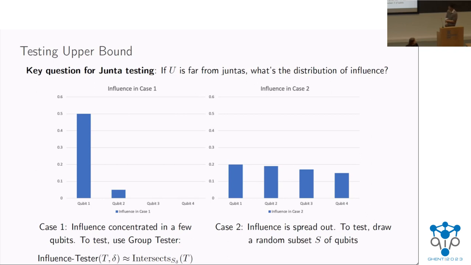Yeah, where the influence is concentrated in, let's say, 2k qubits, but there's still some residual influence. I mean, that's essentially the case that this is dealing with. When you have a function that's epsilon far from k-Junta, it can possibly have some influence in a very large number of qubits, but the influence in those qubits is very small. So this does deal with that case. Yeah. Okay, thanks.